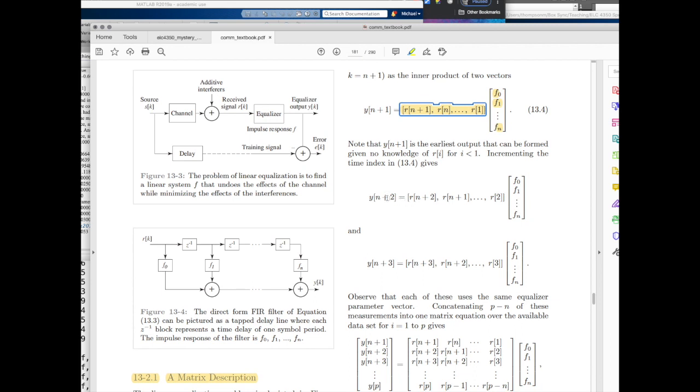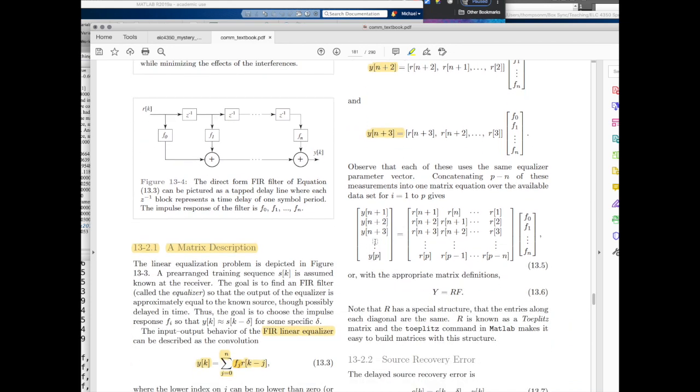Then you can start collecting all of these. Here's y of n plus 1 right here, y of n plus 2 is here, y of n plus 3 is here. Collect those into this column here, and you would have a matrix R times this vector F. All right, so in matrix form, it's y equals R times F, where R is this Toeplitz matrix. You don't really need to know anything about Toeplitz matrices, but it's just a common form of a matrix.